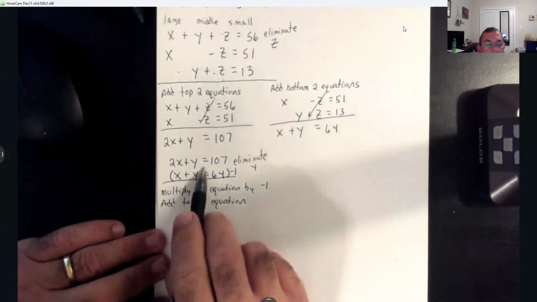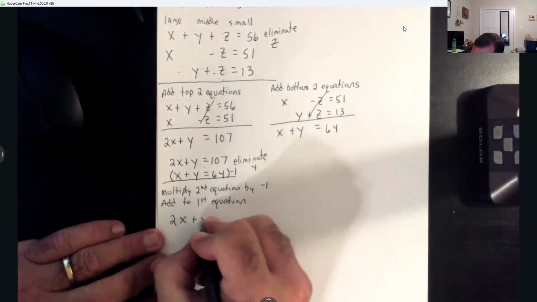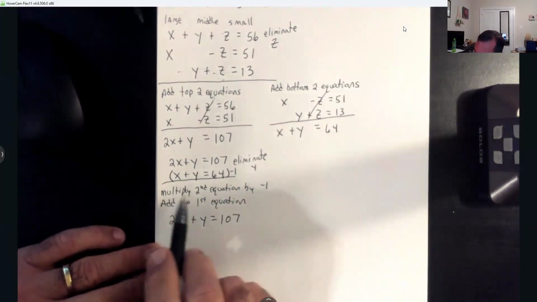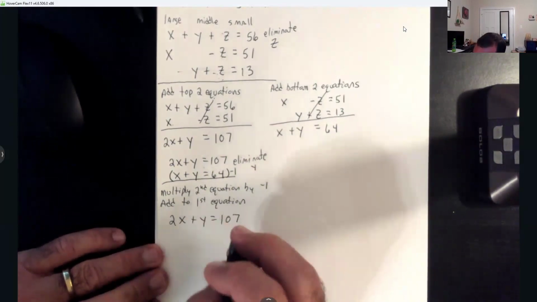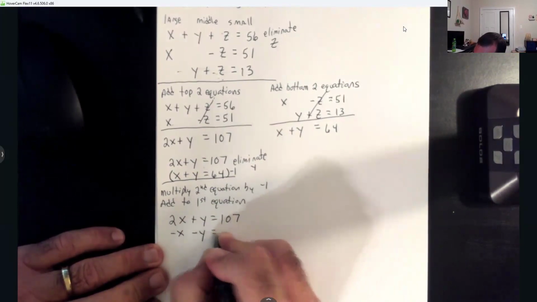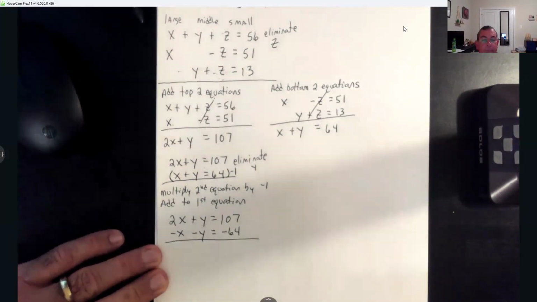My first equation stays the same, 2x plus y equals 107. I multiply this whole equation by -1, so I get -x minus y equals -64.